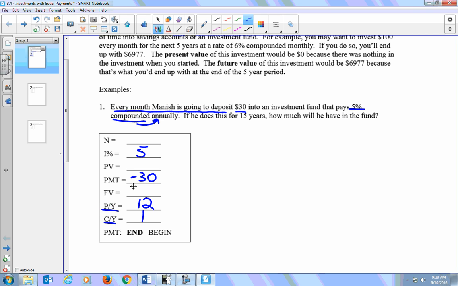If he does this for 15 years, okay, so now we're looking at our N, and remember our N is our payments per year times the number of years that we're going to be doing this. Our payments per year was 12, and the number of years is 15. So 12 times 15 gives us 180.